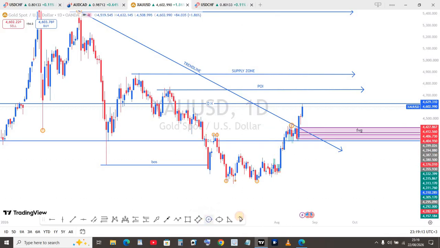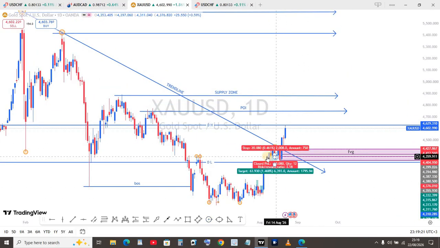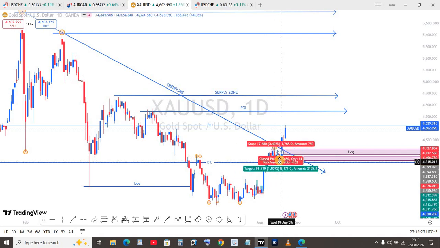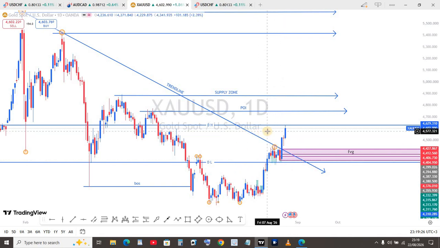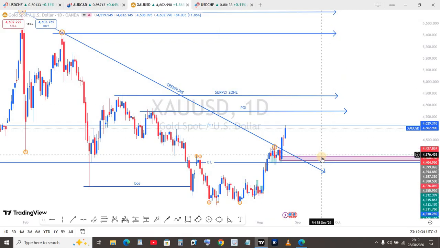Here when you look at this level, we have FVG and order block. So once this market has been giving us a build up and then later broke this trend line, it's now showing us that sellers are losing their momentum or control. So the bullish are trying to take over the market.